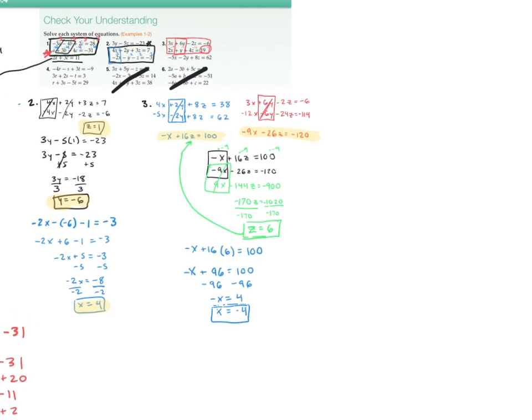So you want to plug it into the first, second, or third? Alright, let's plug it into the first. So we have 3 times x, which is negative 4, plus 6y, minus 2z, which is 6, is equal to negative 6.